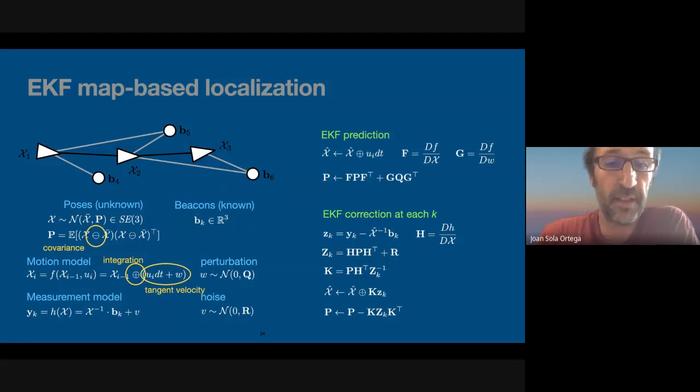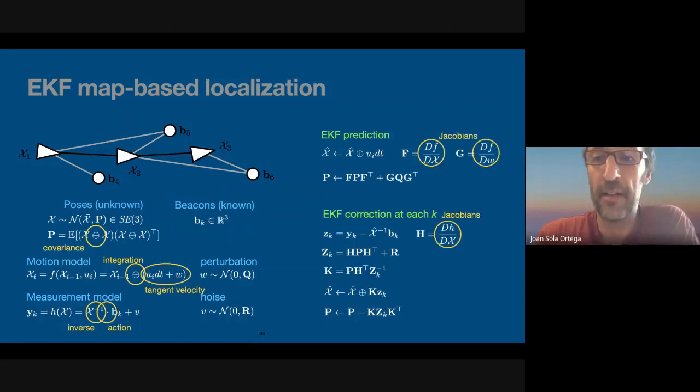That's the tangent velocity. We also use the inverse using the theory. We use the action here to compute the measurement model. And then we use the Jacobians as we defined previously.